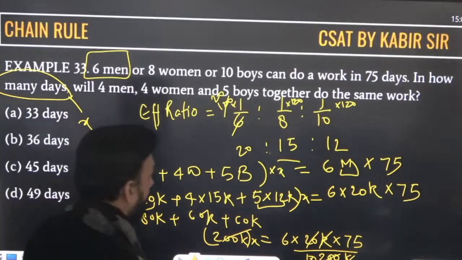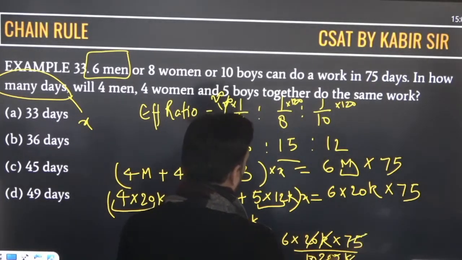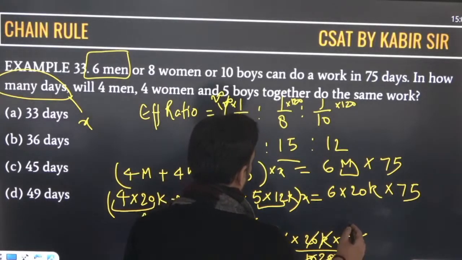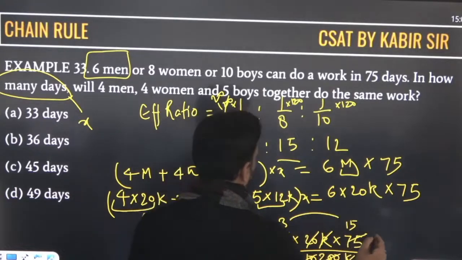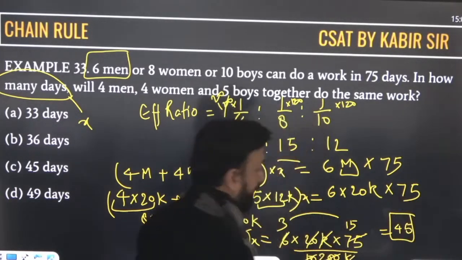Right, this will be, again you can cancel with 5, right? Into 3, this is 45. So they can finish the work in 45 days.